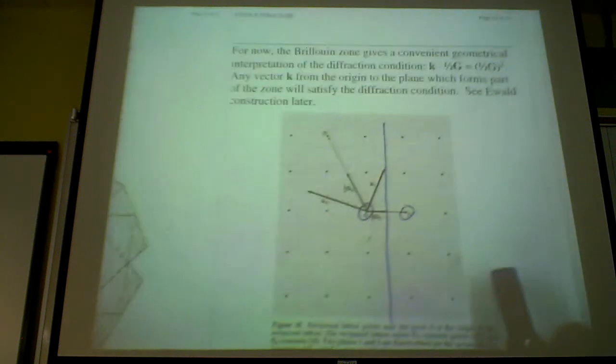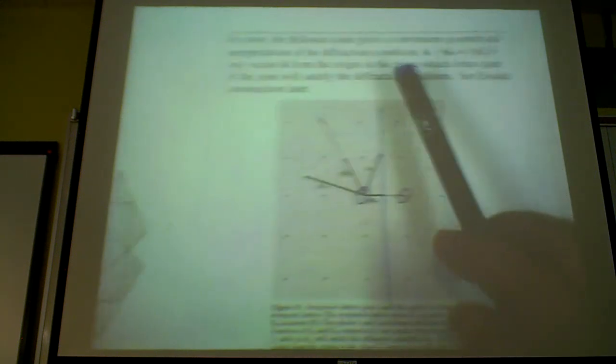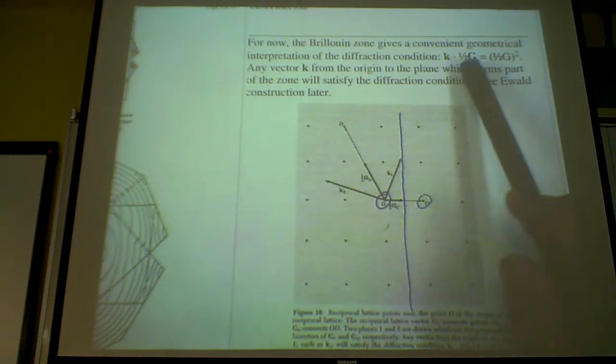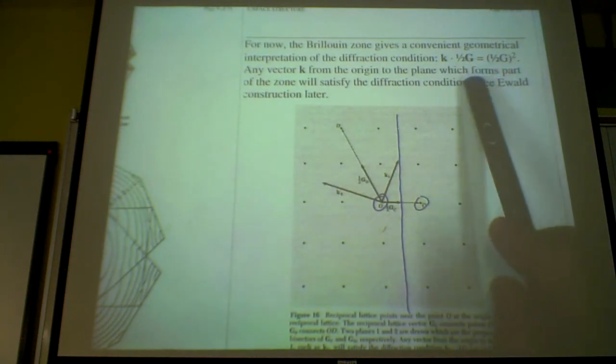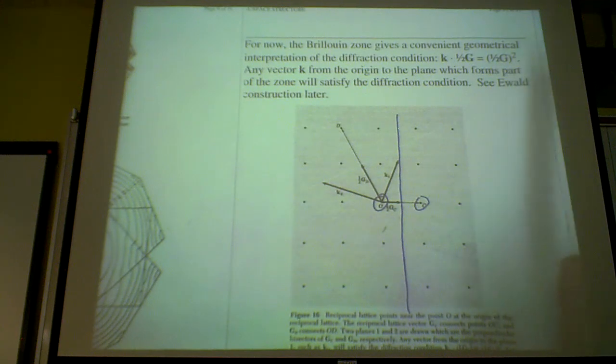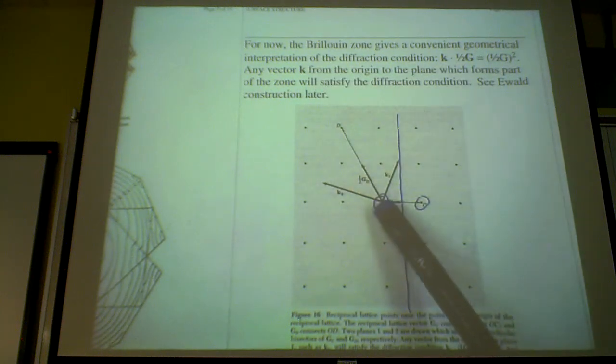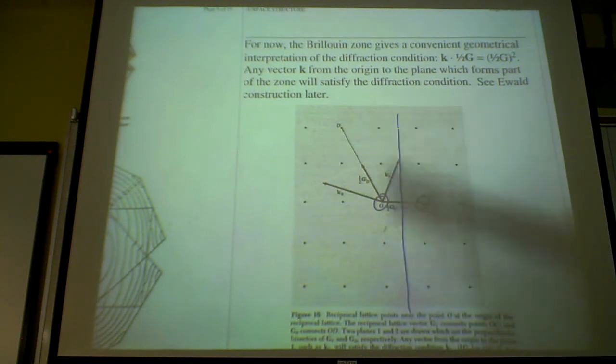So for now I just say the Brillouin zone gives a convenient geometric interpretation of these diffraction phenomena. So we have, from before, k = 1/2 g, equal to 1/2 g squared. And so for the Brillouin zone, any vector from the origin, this is my origin, to the zone boundary, right?